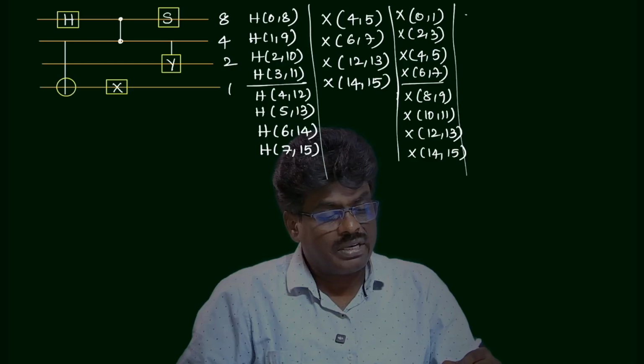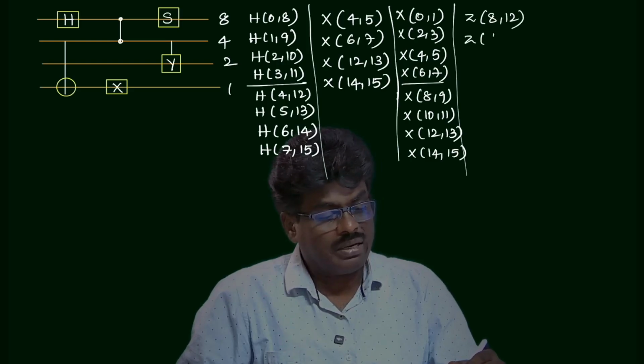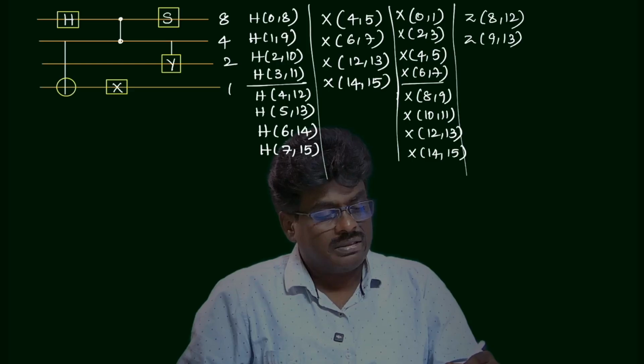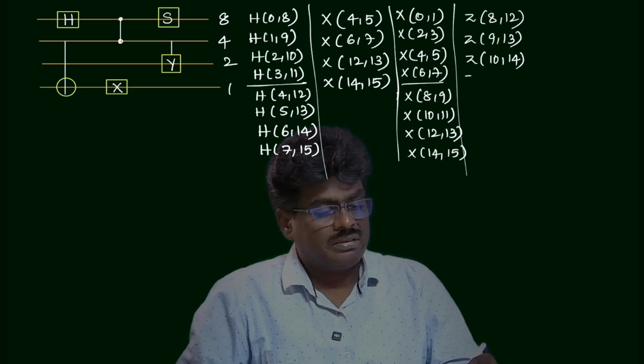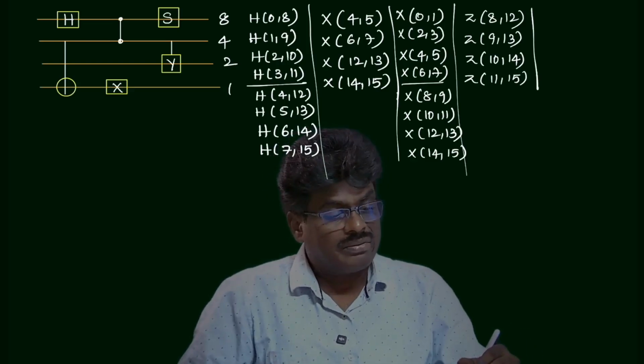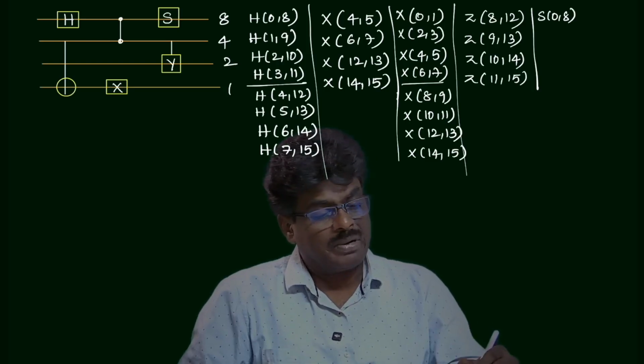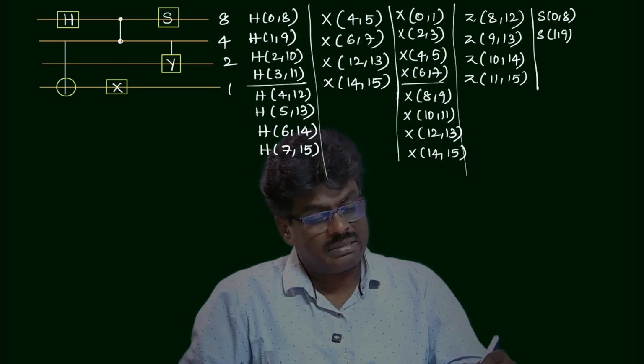Next controlled Z, that is 8 and 4, 8 comma 12, adding 1, 9 13, adding 2, 10 14, adding 2, 11 15. And after that S we have 0 8, the same operations, just H is replaced with S. I am writing this, but I request you please try.